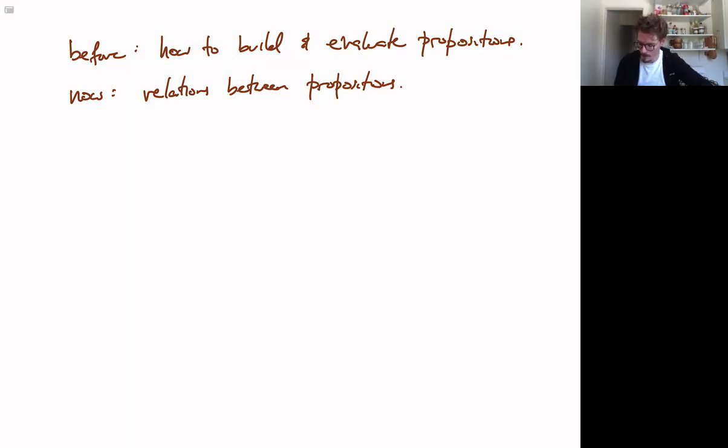So two propositions are equivalent if they always have the same truth value.